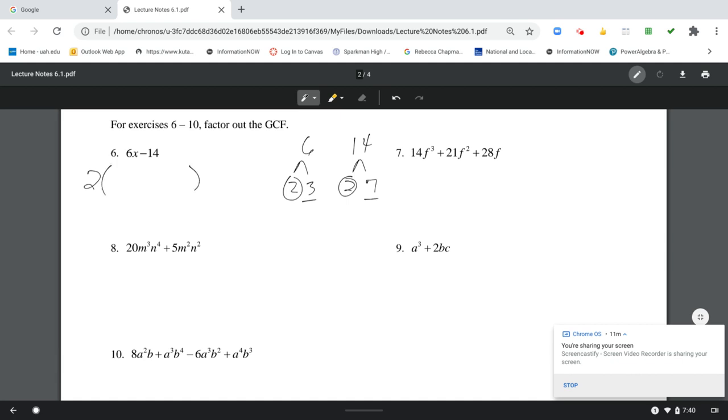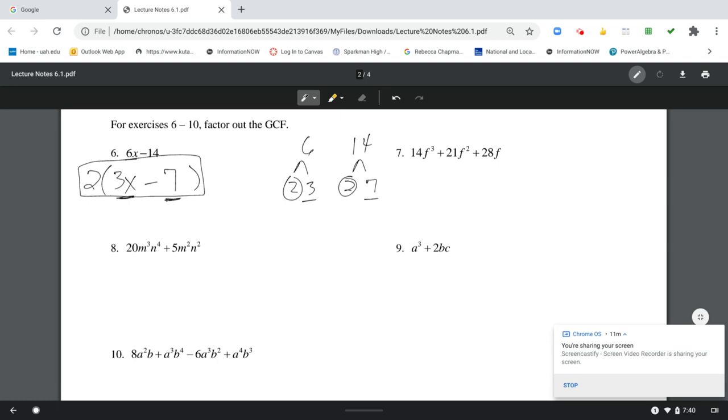So I've got my greatest common factor, and I should be reducing the terms that I put back in. So 6 divided by 2, 3, carry along the x. Negative 14 divided by 2 is negative 7. Got ahead of myself with my answer. Okay, now, before you mark this as your answer, always check, does 3x and negative 7 have anything in common? They do not, so this would be my final answer.